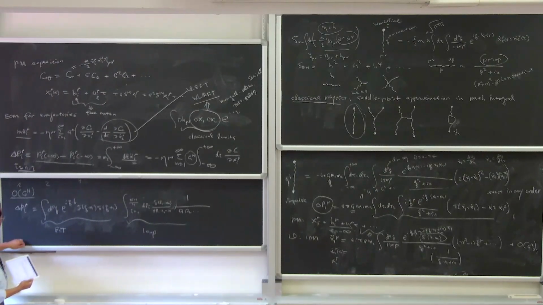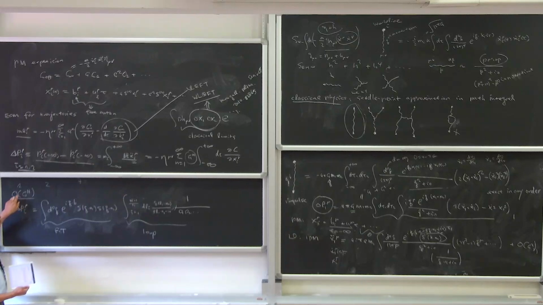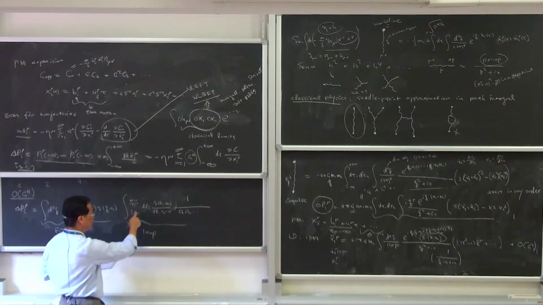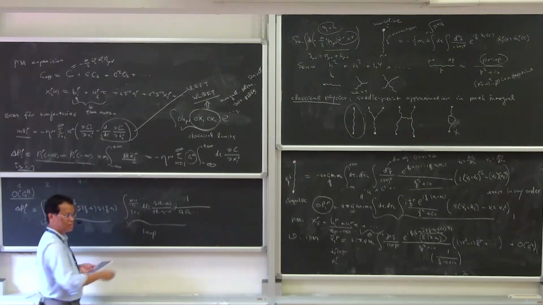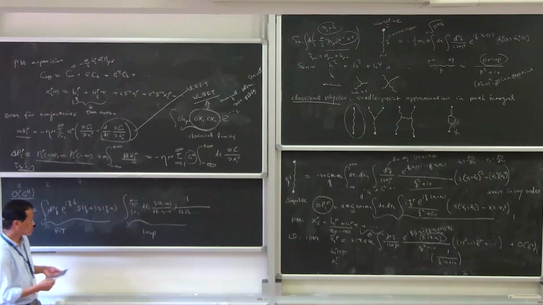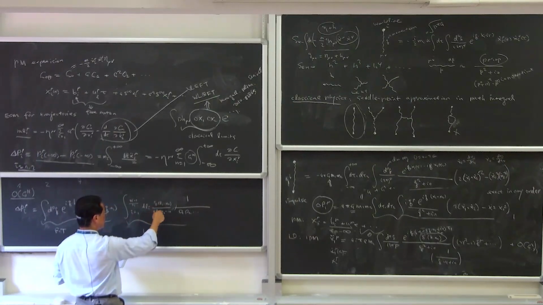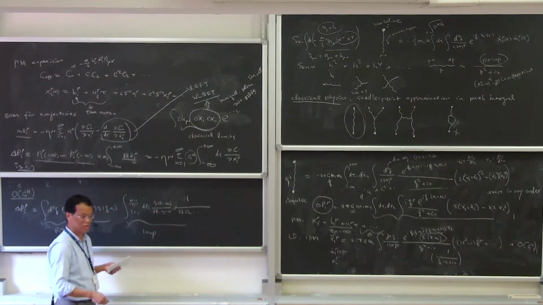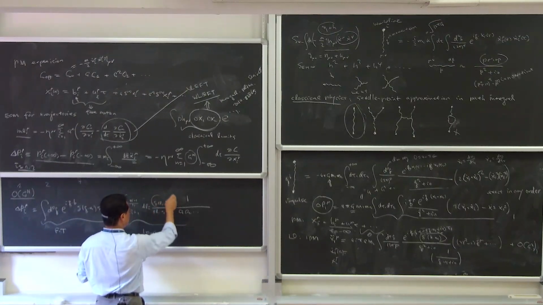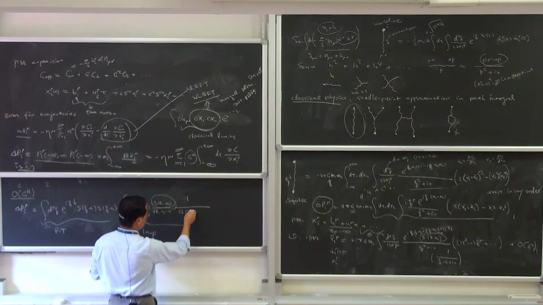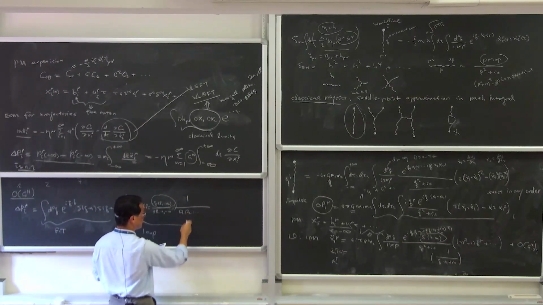So if we want to compute G^n order, the hard thing is computing n minus 1 loop integrals. And in our formalism, each loop integration will always have delta functions. This is called a propagator, and this is the gravitational propagator.